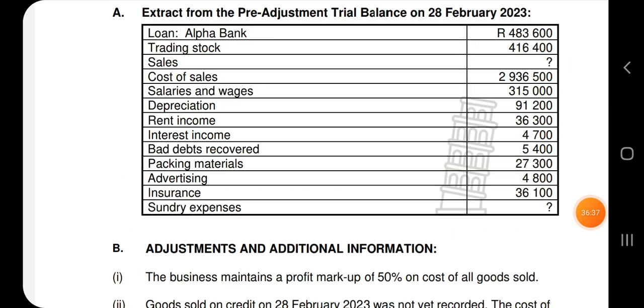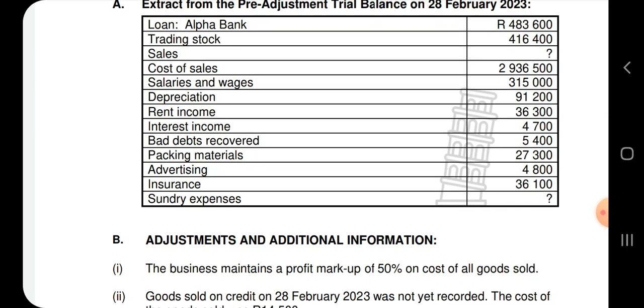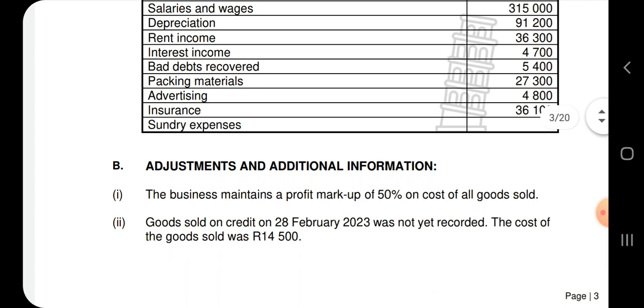For cost of sales, it says the business maintains a markup of 50% on all cost of goods sold, right? So we're going to take the 2,936,500 rand of cost of sales and add this 14,500 rand. So that's how much has been sold, and then we're going to multiply that by 150 over 100.